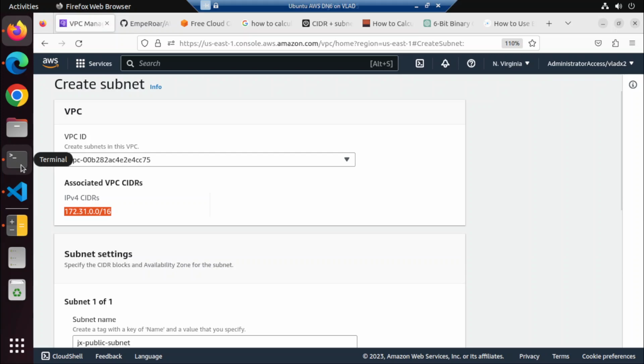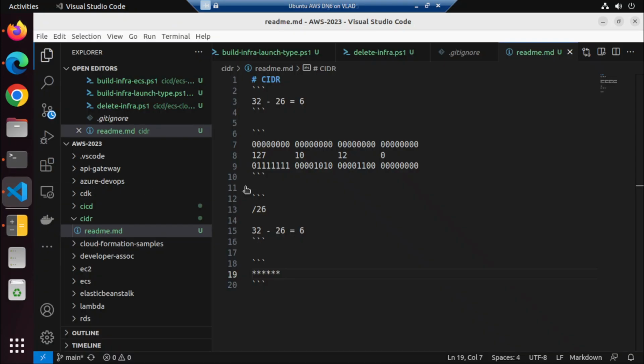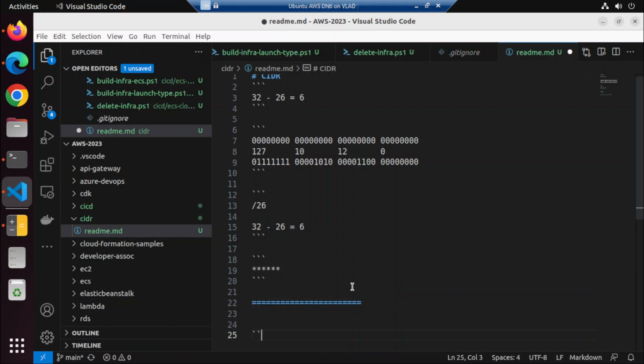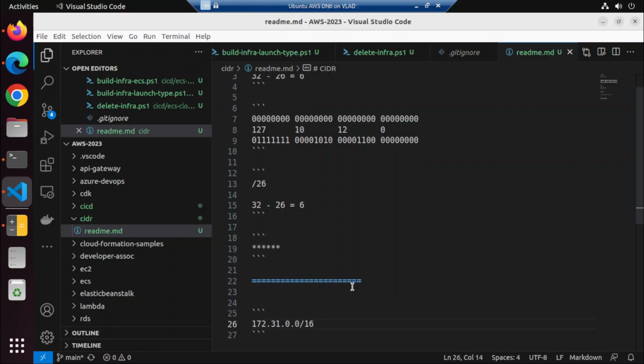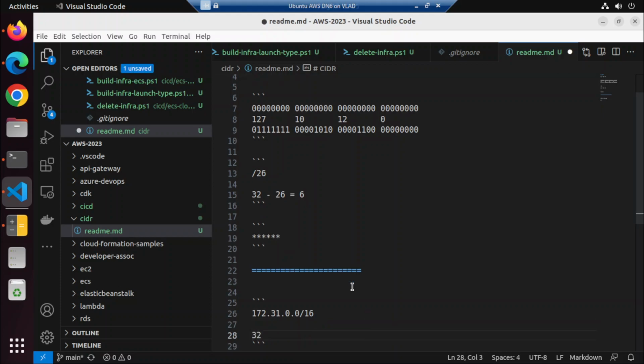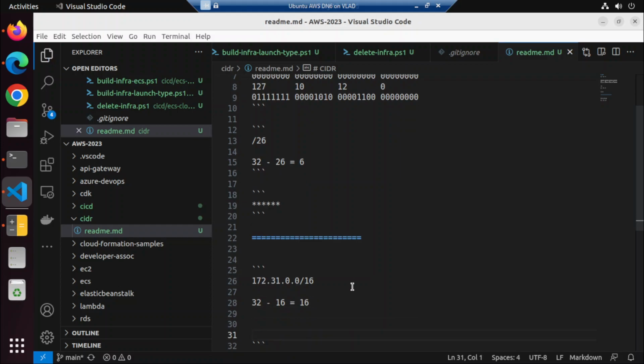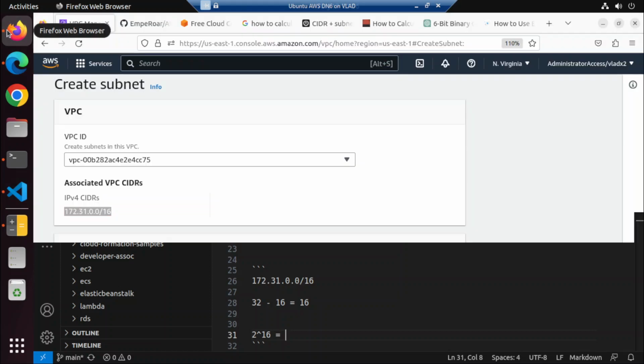So if that's the case, 32 minus 16 equals how much? 16, right? So 2 to the power of 16 equals... where's our calculator? Let's go to our calculator.